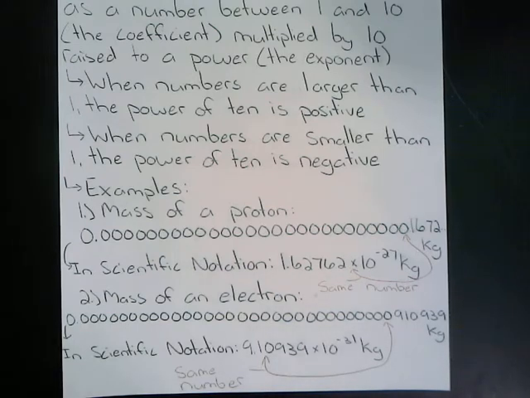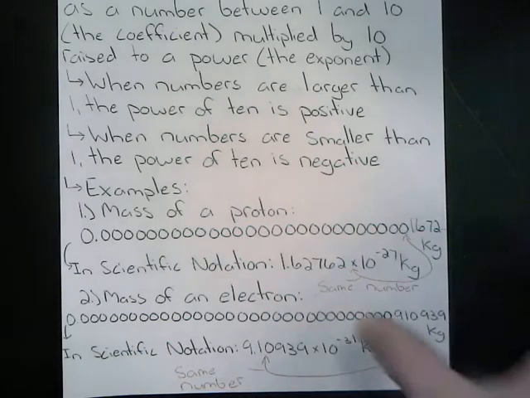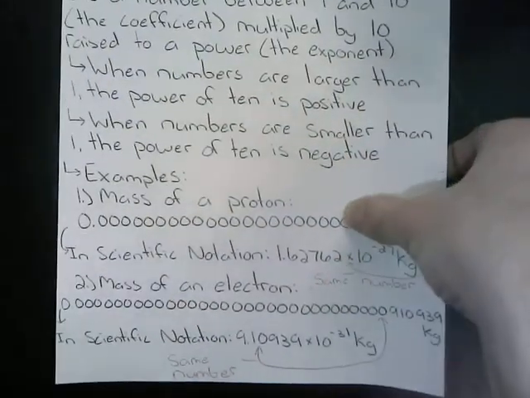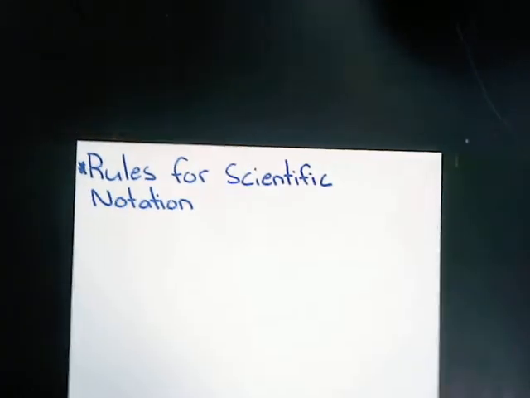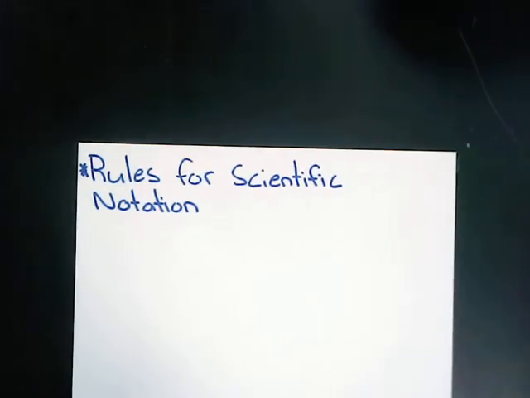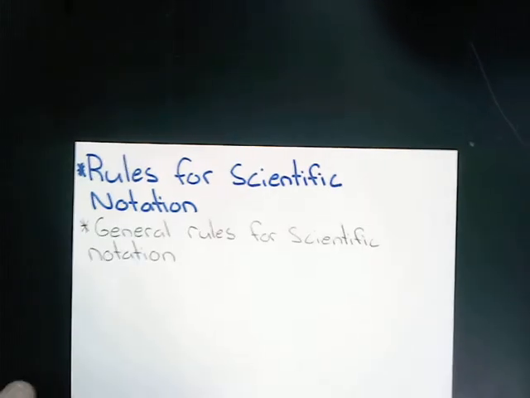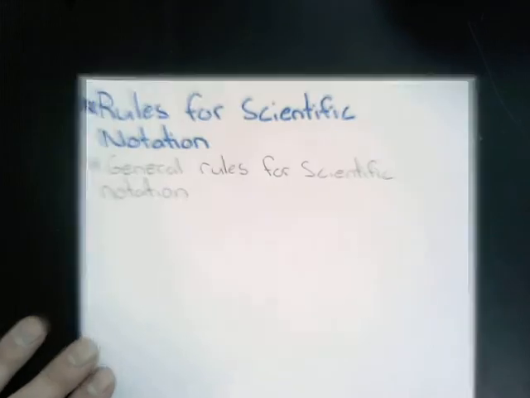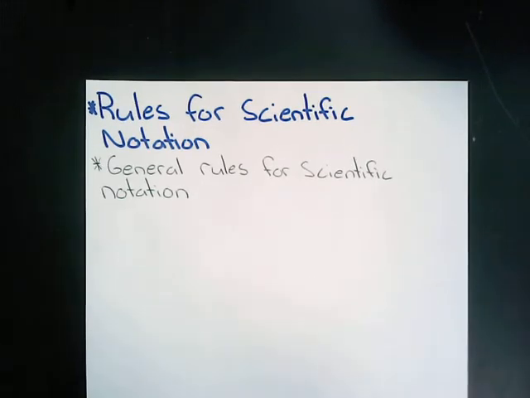Now, we do have some rules that we utilize for writing numbers in scientific notation. Our first rule here is a general rule for scientific notation, and it applies when a number is bigger than 1.